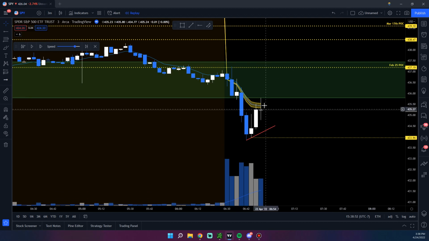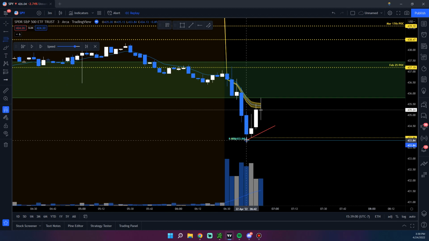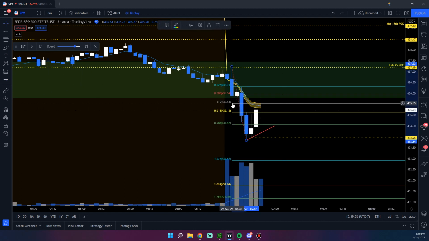Technically, if you've been following along, you know that this is no longer a bear flag because it touches and crosses through our 0.5 fib right here. This right here, the 0.5 fib, invalidates the flag.